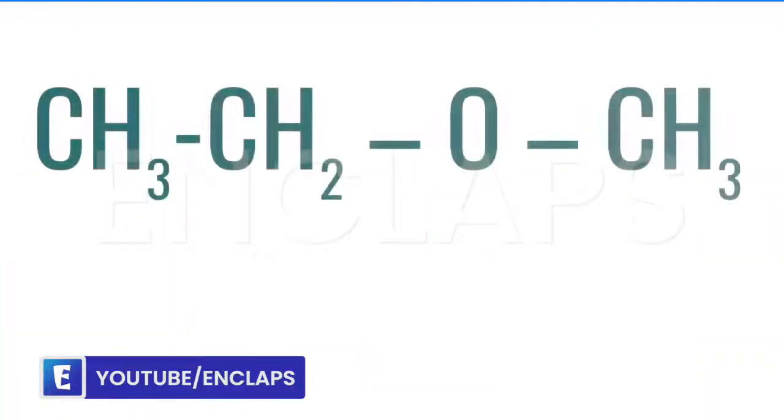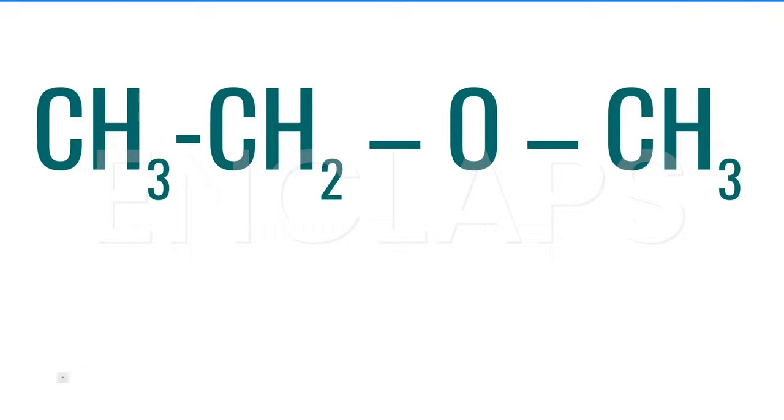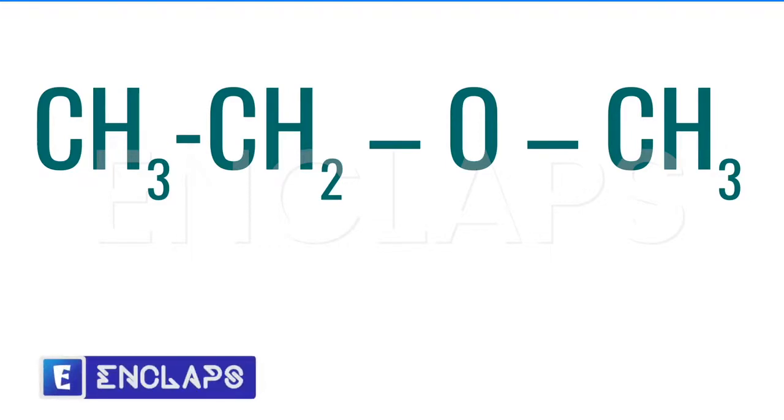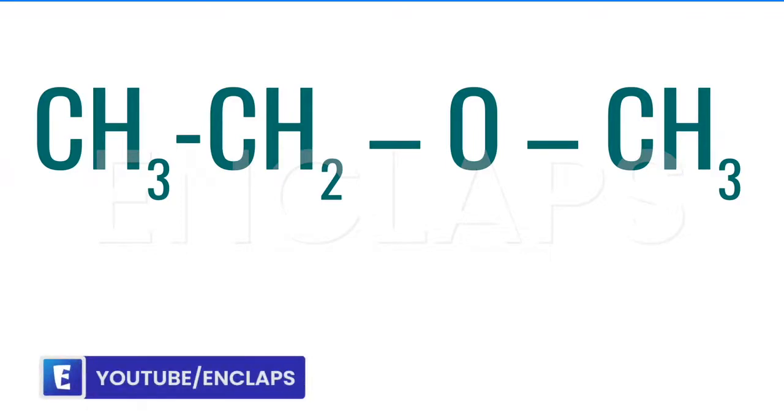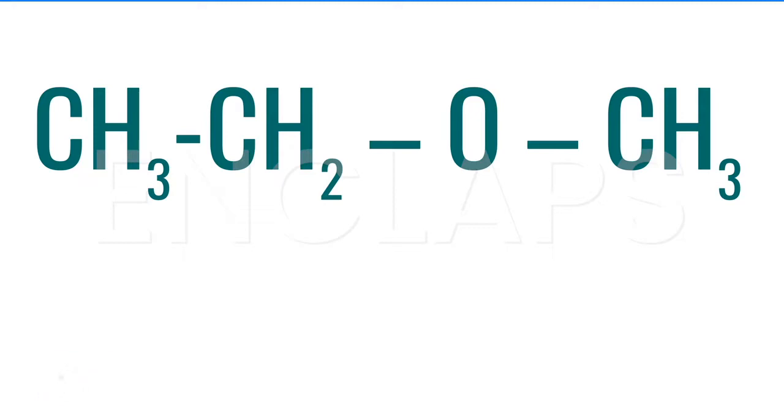So here is an example. CH3, CH2, OCH3. CH3, CH2 is the longest alkyl chain. It is considered as the alkane, so ethane, because that alkyl chain has 2 carbon atoms. Then the other alkyl group is CH3, which is considered as the alkoxy group.